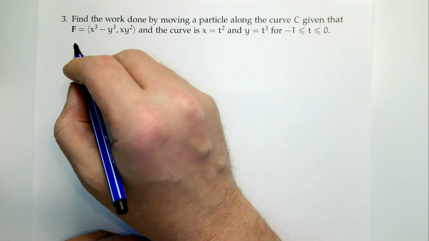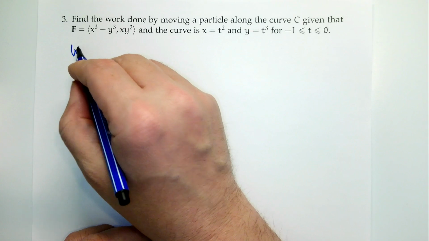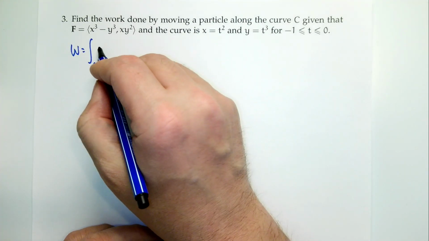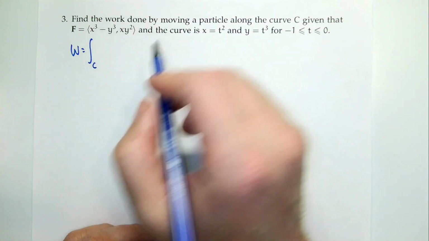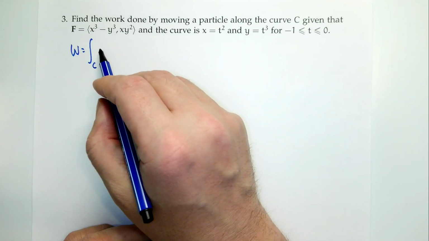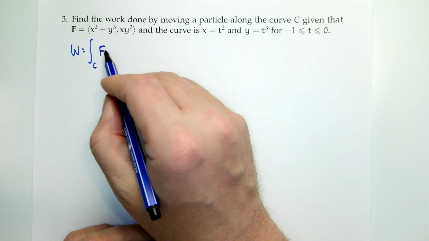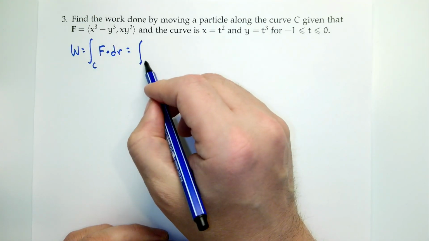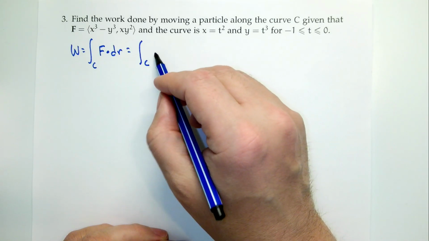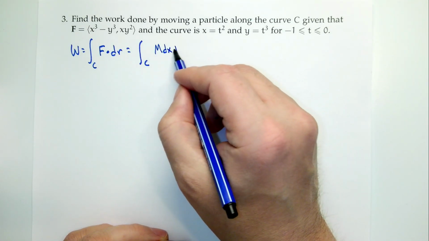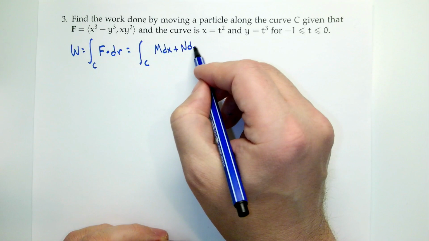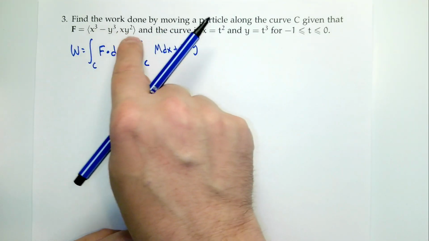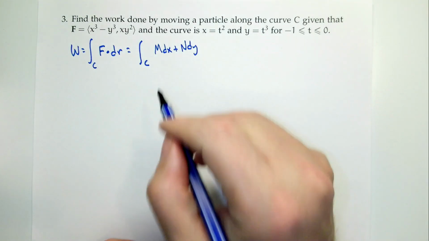Well, the way you find work, especially along a curve, is you're moving along the curve, and then you have your, let me be careful here how I write this. It's sometimes written as F dot dr. I like to write it as M dx plus N dy, where M and N correspond to the pieces in your force function.